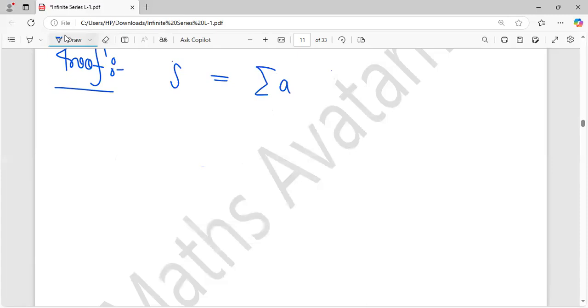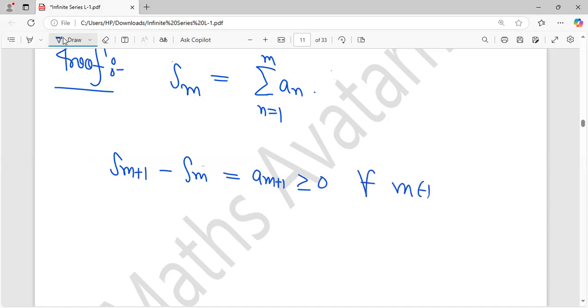So now you observe that Sm+1 minus Sm. What is this? This is am+1, that is greater than or equal to 0 for all m belongs to N.